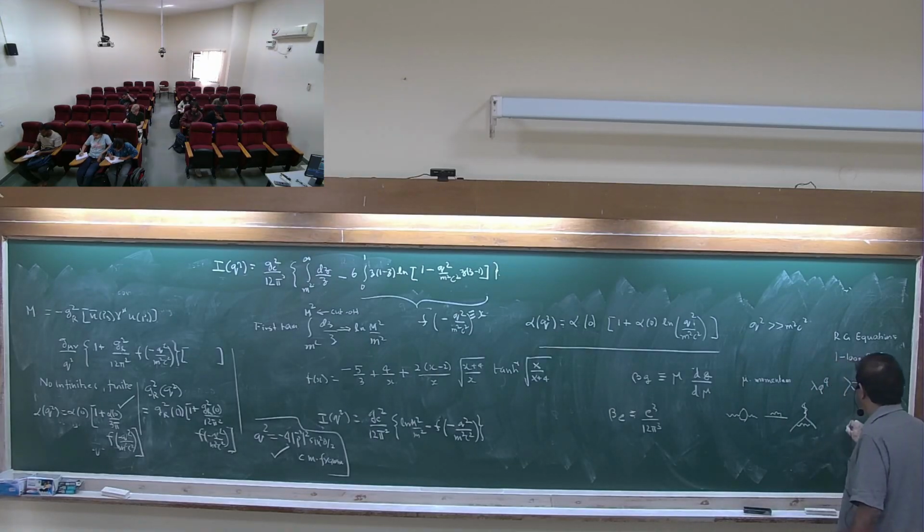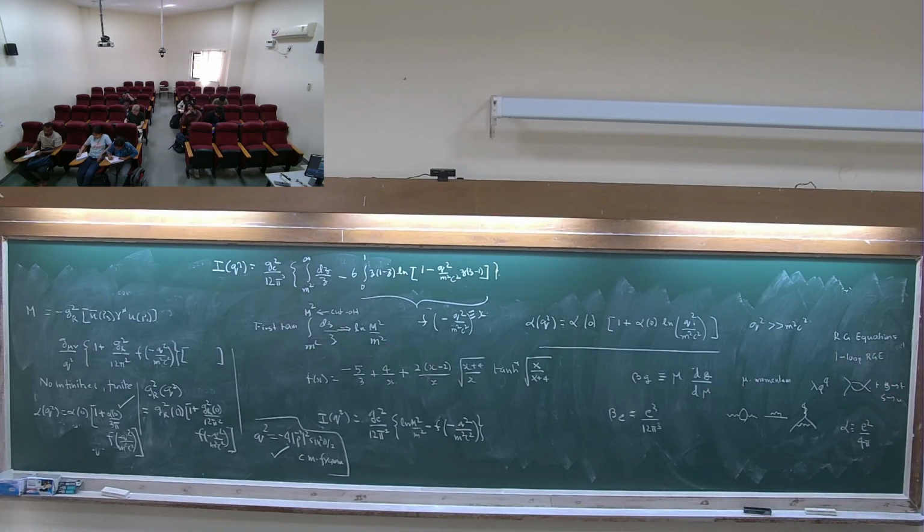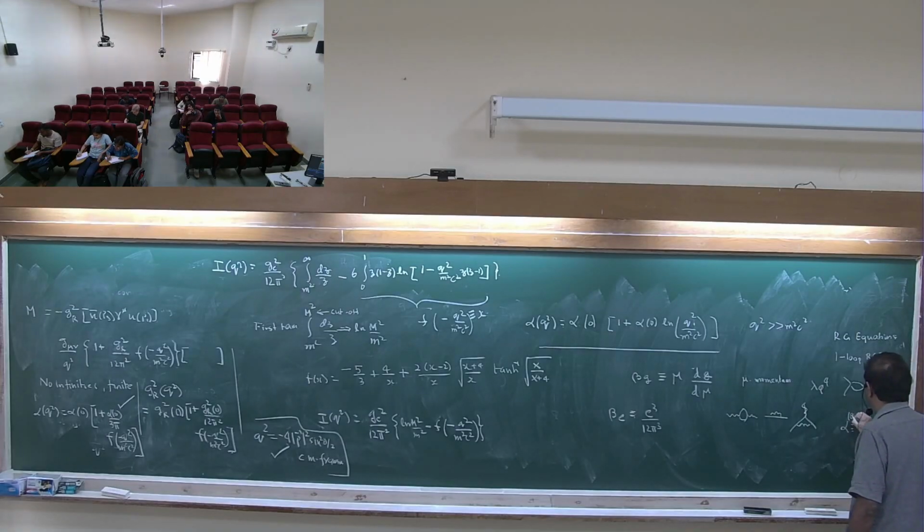Alpha by definition is e squared by 4 pi at a particular scale q squared. I want you to integrate this and give me a result for alpha at q squared in terms of alpha at q squared equal to 0.